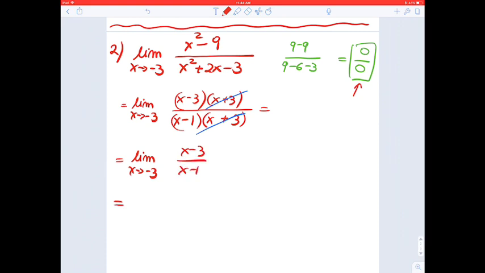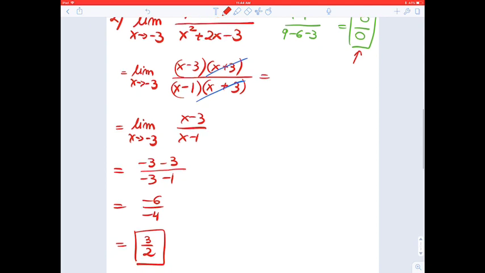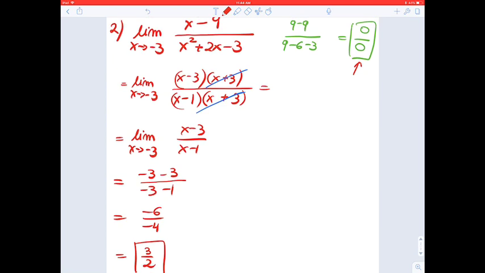I think I can directly substitute negative 3: negative 3 minus 3, negative 3 minus 1, negative 6 over negative 4. The answer is positive 3 over 2. This means again we have a situation where the function doesn't have a value at negative 3, but the limit exists.